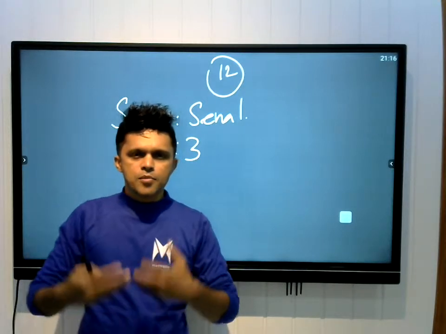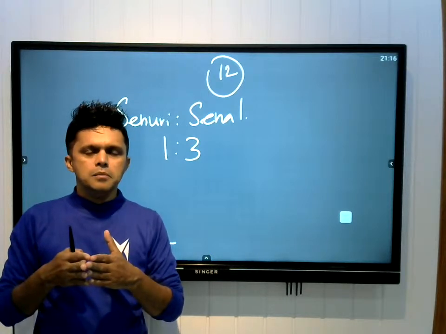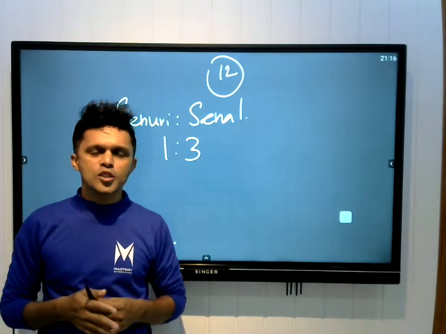That broad mangoes are divided between Senuri and Sena in the ratio 1 to 3.